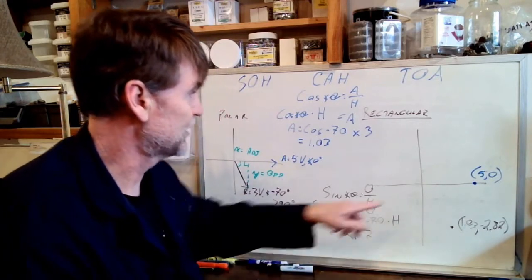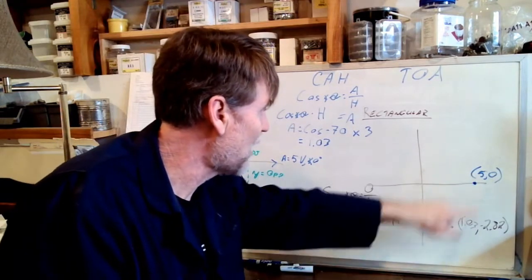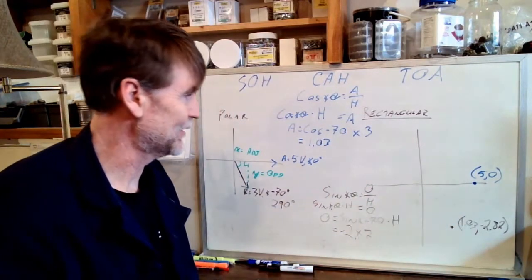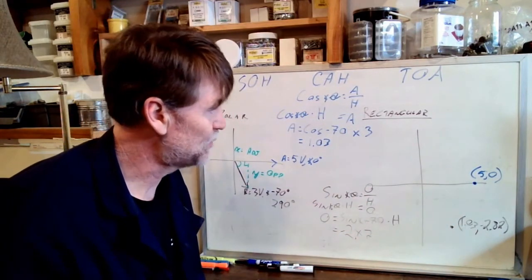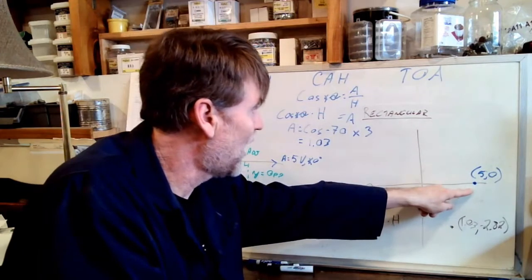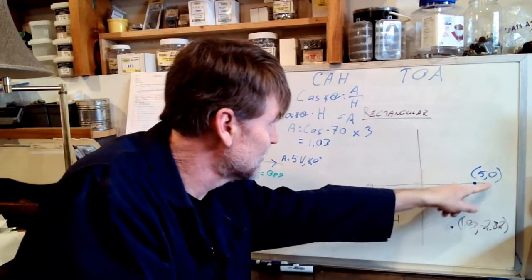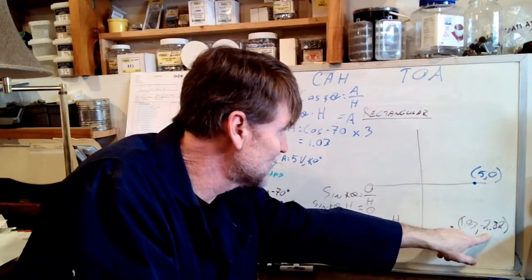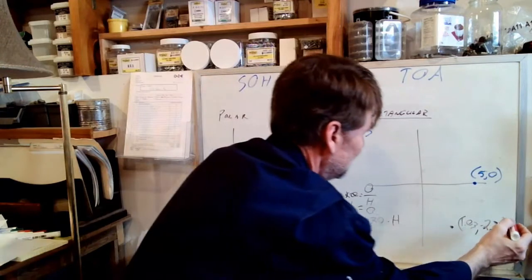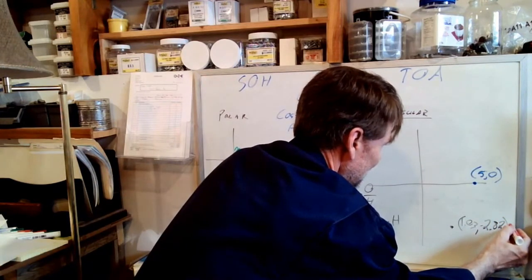Okay, so for example, the x values, we have 5 and we have 1.03. So they're going to add together, okay, give us 6.03. And then the y is going to be 0 minus 2.82. So we're going to end up right there.